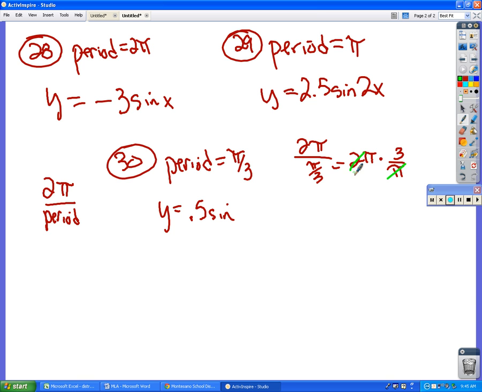So those cancel, and it's going to be 6. So if you can't just look at the graph and count it, then you take 2 pi divided by the period and go from there. So those of you that said 3, you're right that it does. Oh, no, you're wrong.